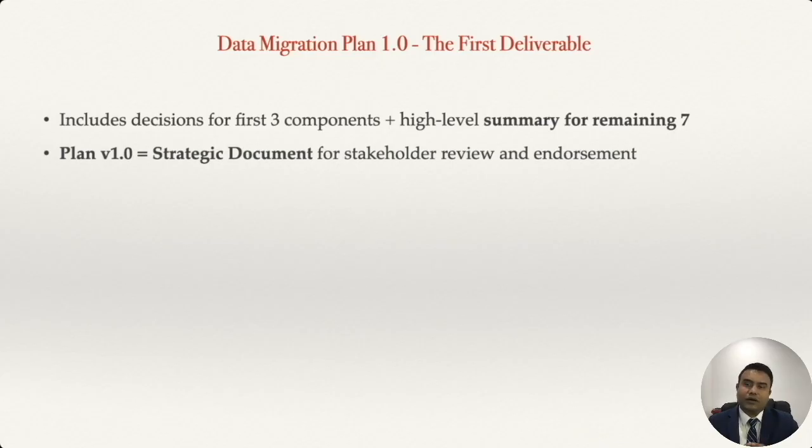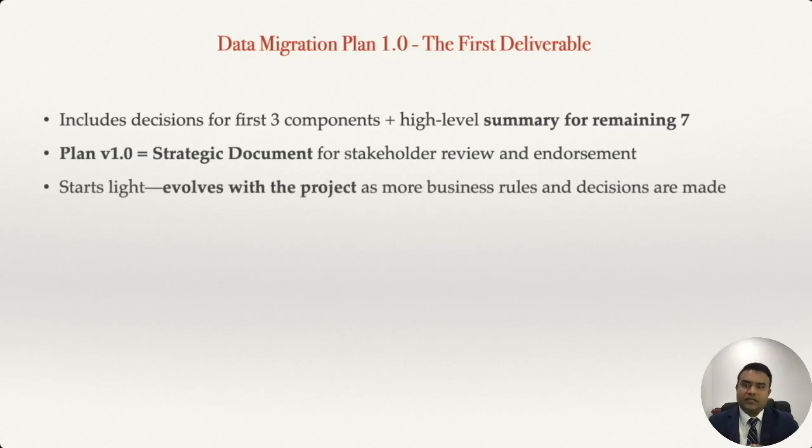Data Migration Plan 1.0 is a strategic document for stakeholders to review and endorse. Start with the first 3 components during the discovery stage of the project and add or amend the remaining 7 components in the plan with business rules and decisions made as the project progresses.